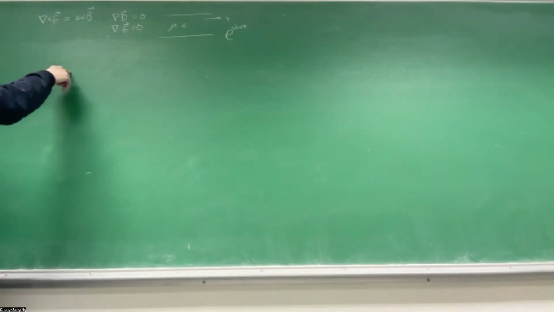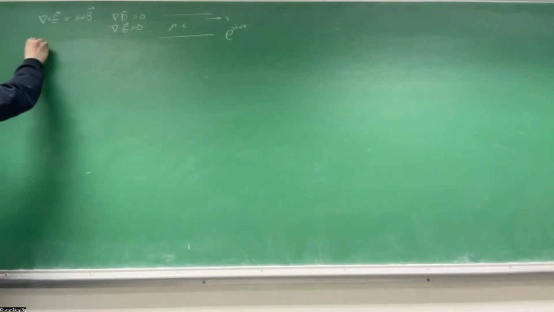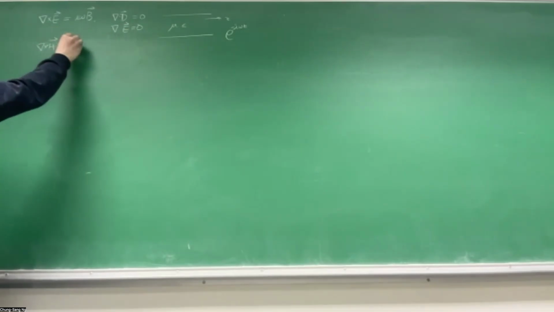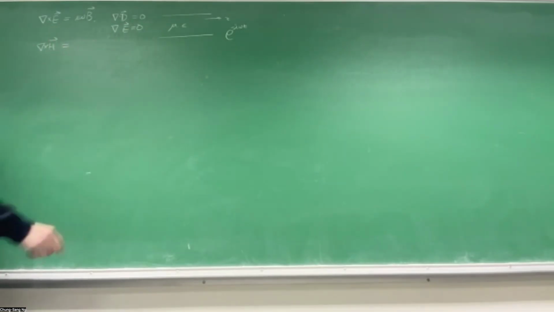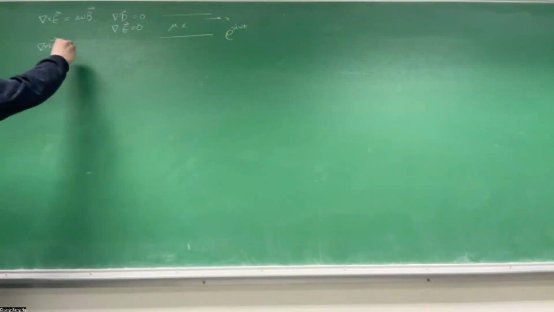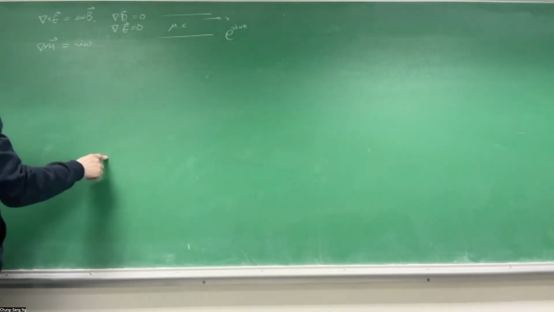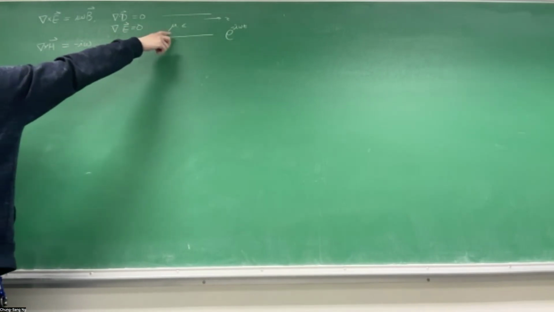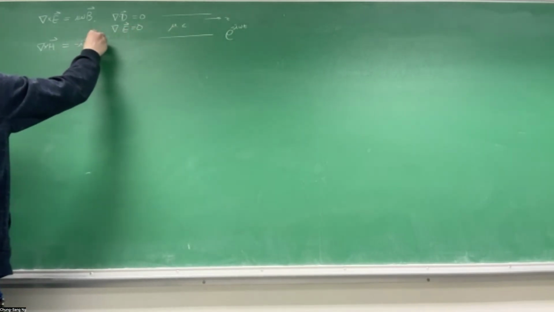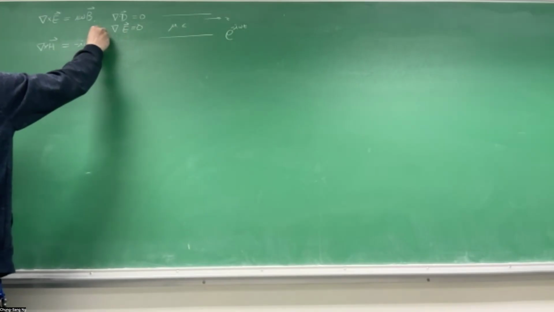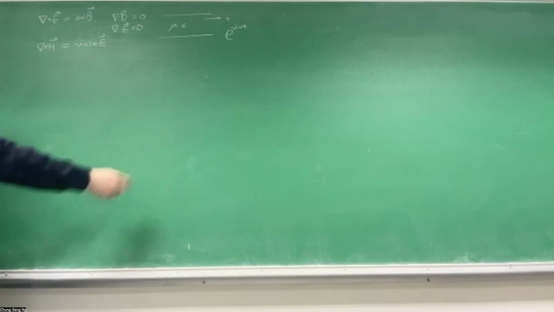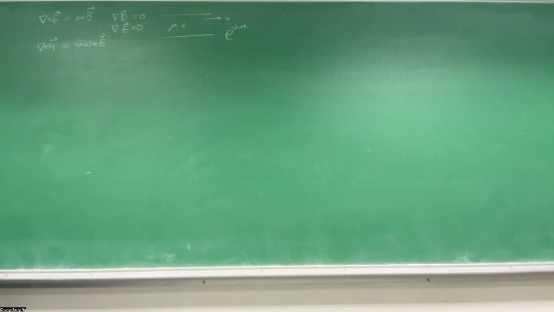Right. Likewise, Ampere's law originally has partial D partial t, which becomes minus i omega D. But then again, now you use epsilon here, so this becomes E. And there's no J, no free current density.